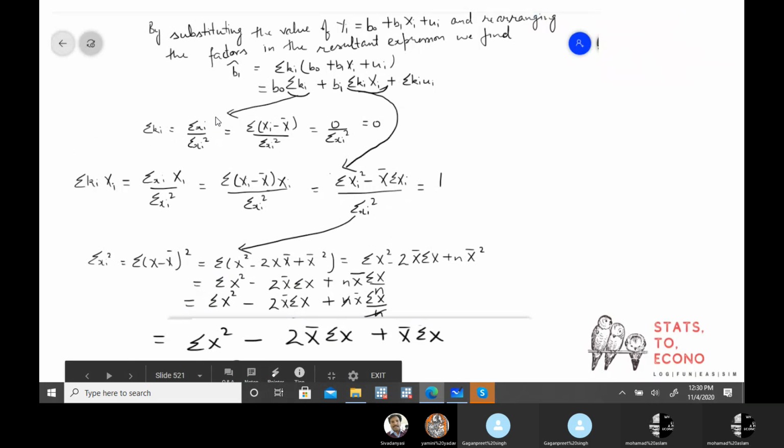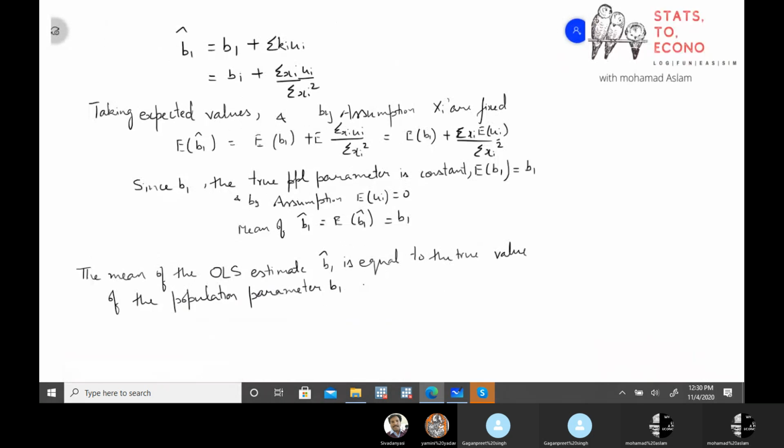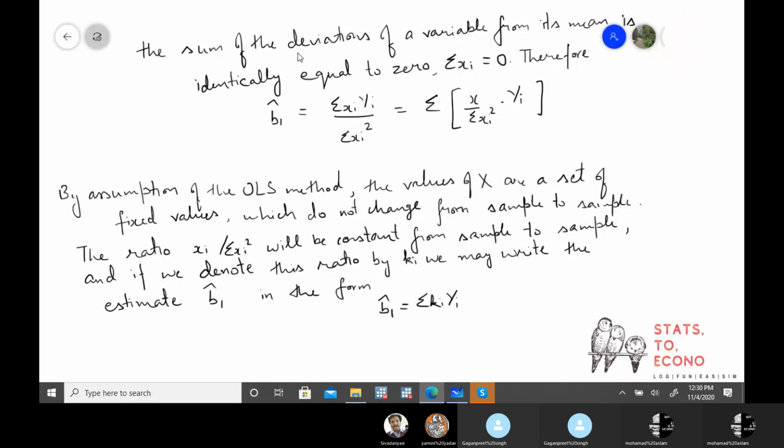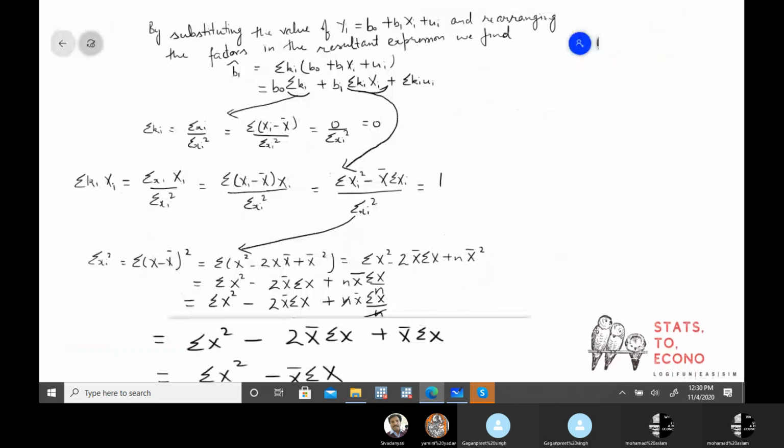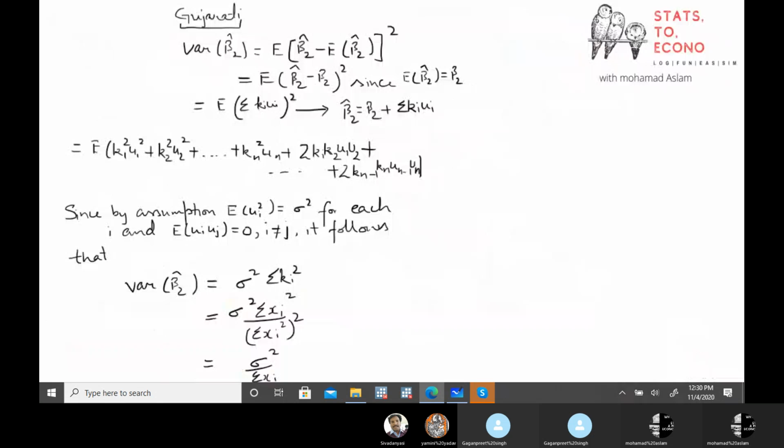In the last unbiased equation, if you remember this equation, beta 1 hat minus beta 1 is equal to summation ki ui. Why am I talking about this value here? Now see the variance formula.